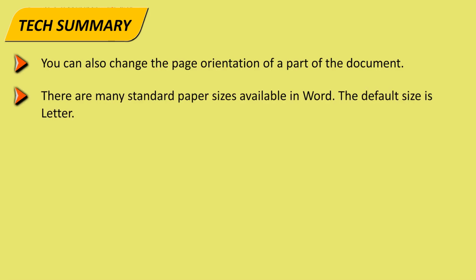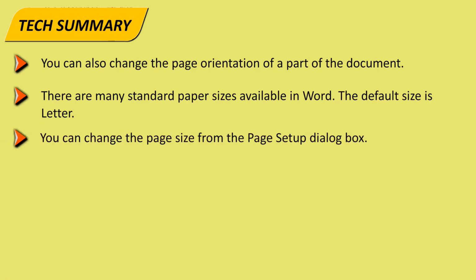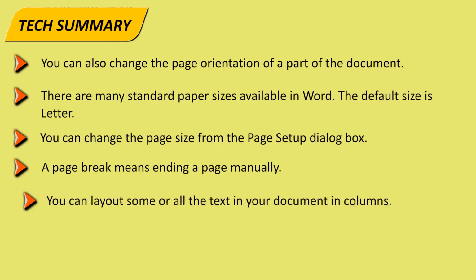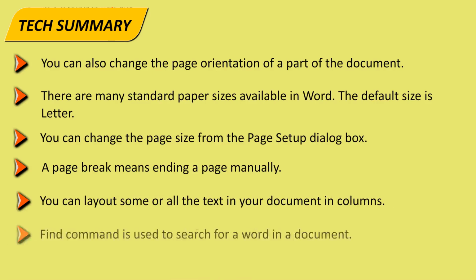There are many standard paper sizes available in Word. The default size is letter. You can change the page size from the Page Setup dialog box. A page break means editing a page manually. You can lay out some or all the text in your document in columns.